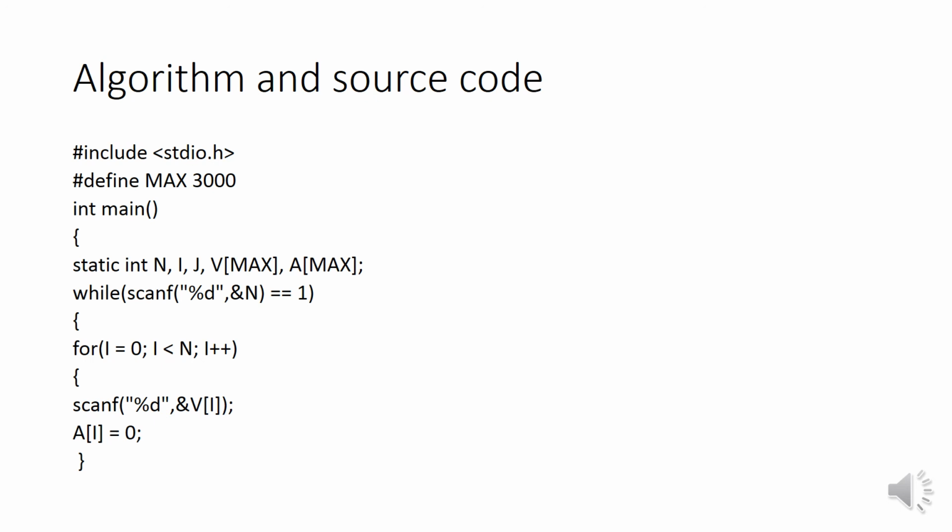In the main function, in the sample PDF provided by the online judge, there are 3000 numbers taken, not more than 3000. So integer n, i, j, v of max, this is the array, v of max, a of max, the second array.